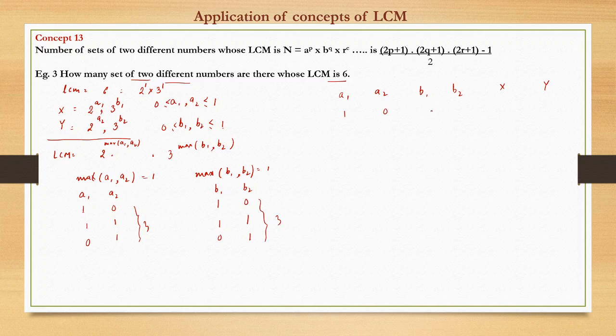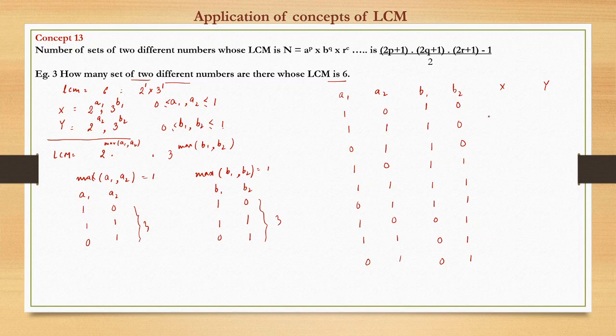So those nine cases I will be writing here: 1 0 1 1 0 1, 1 0 1 1 0 1, 1 0 1 1 0 1. Now, okay, what would happen? See here, first 1 0 1 0, 1 0 1 1 1 1 1 1, then 0 1 0 1 0 1.